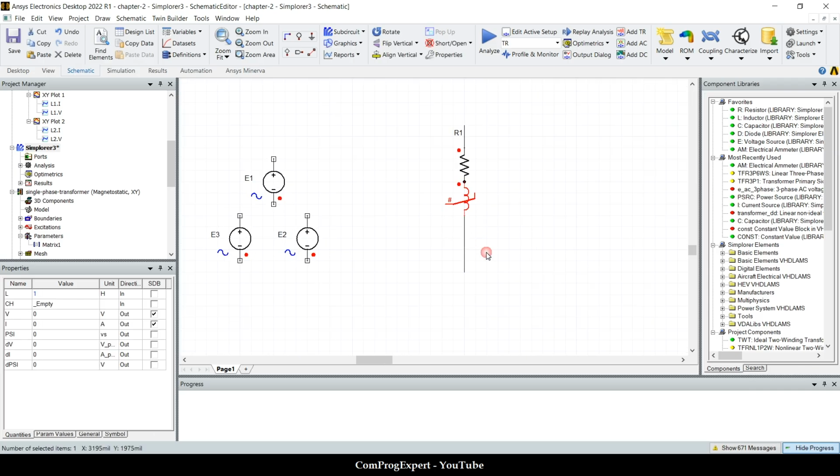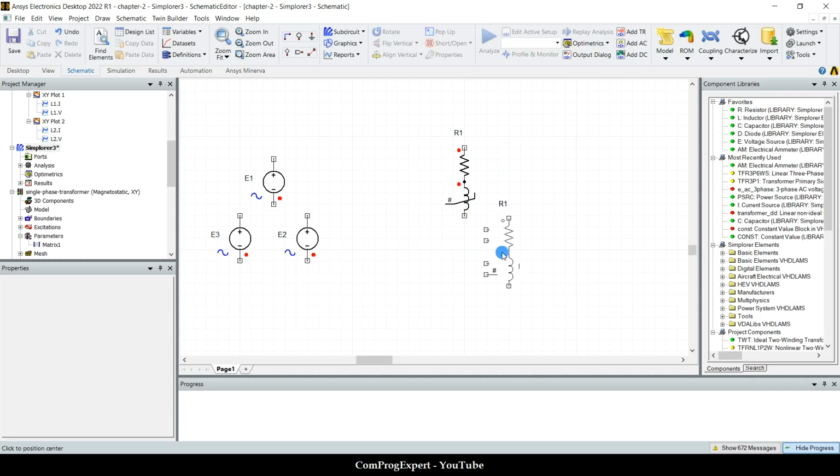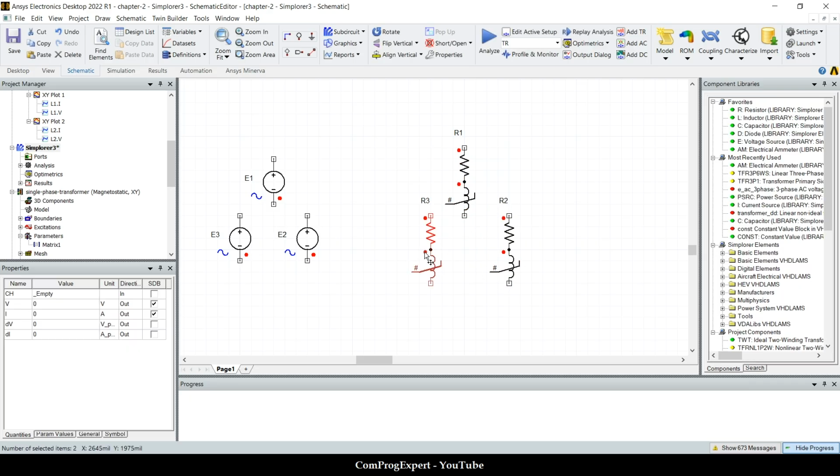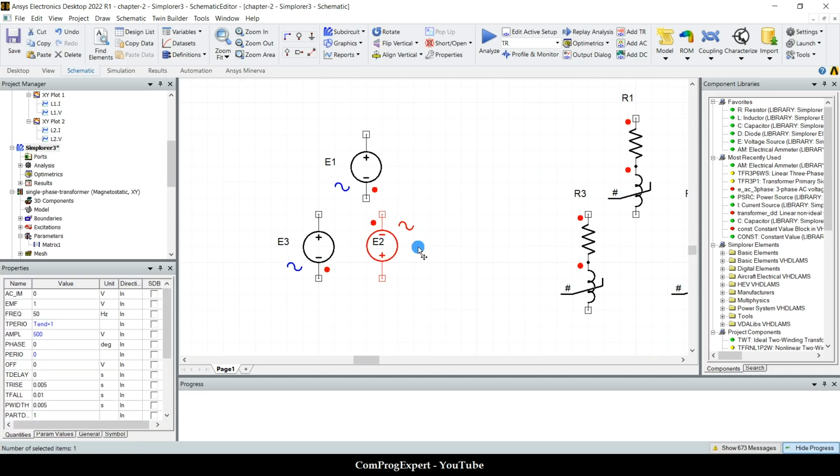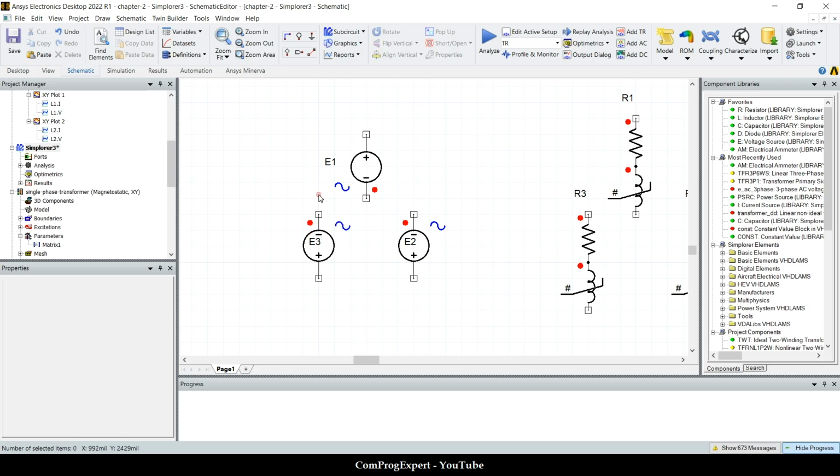So let me copy this. This is also a star. So let's rotate this one and this one.